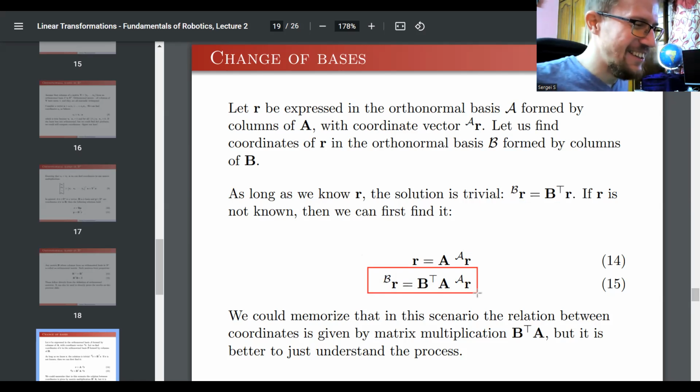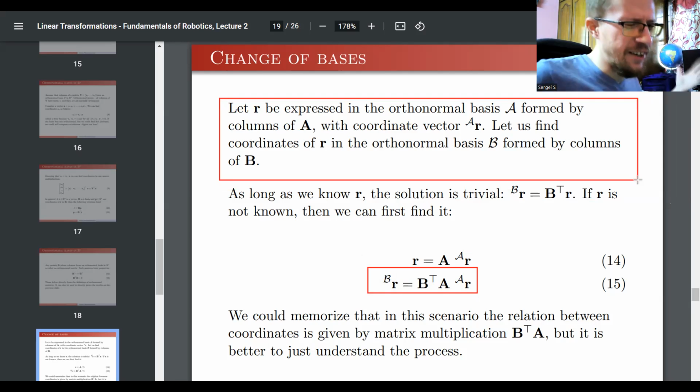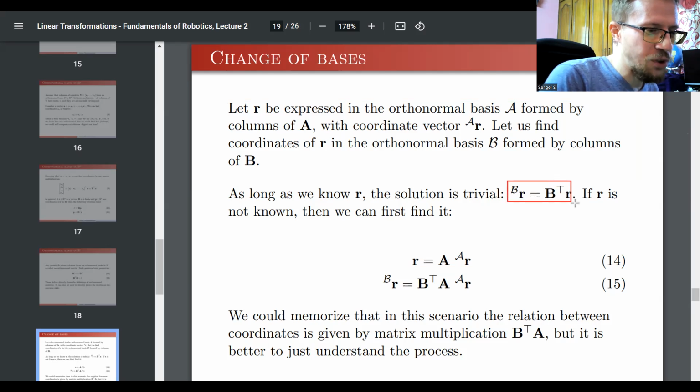Notice the task here sounded like a headache. You have R expressed in basis A, formed by A, with coordinates. Let's find coordinates, etc. Sounded like a headache. But using very simple reasoning, we know how to find coordinates of any vector in terms of a basis.